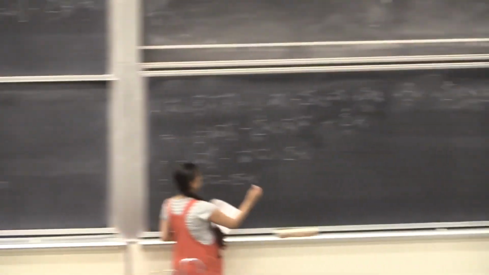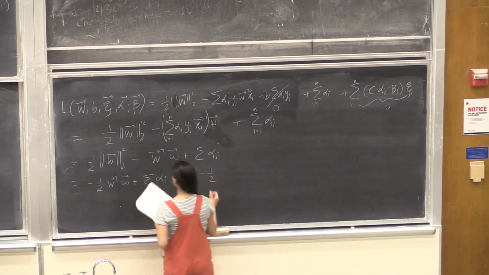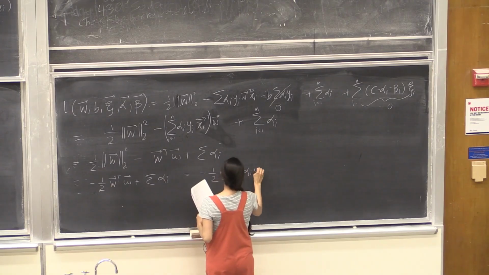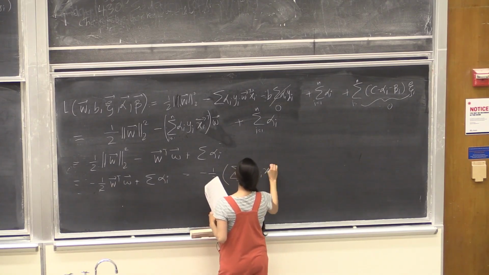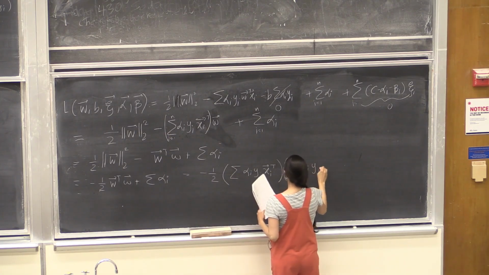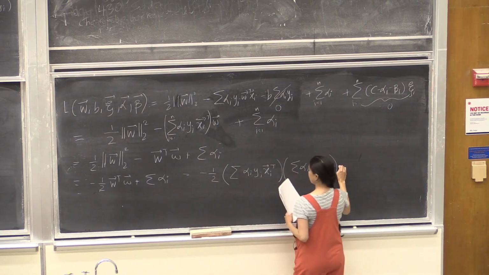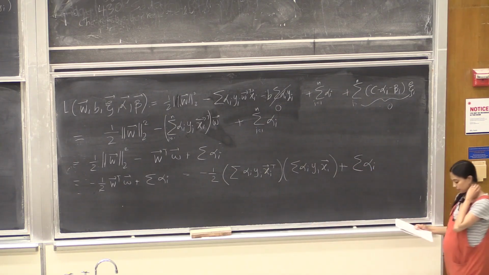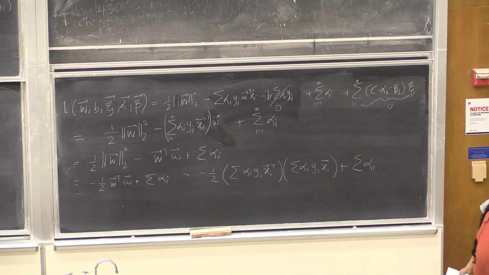So I can rewrite this as minus 1/2 sigma alpha i, yi, xi transpose times sigma alpha i, yi, xi plus sigma alpha i. Okay? And now I have a Lagrangian that is expressible only in terms of the dual variables. Does everyone see that?